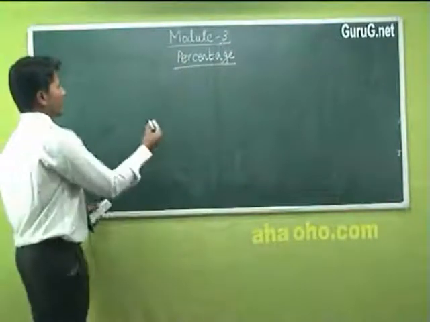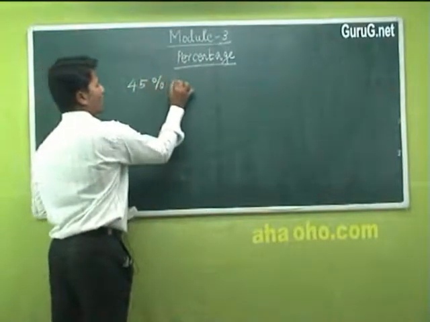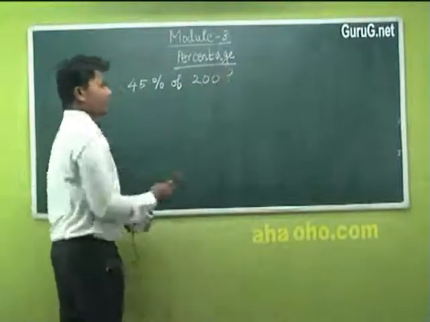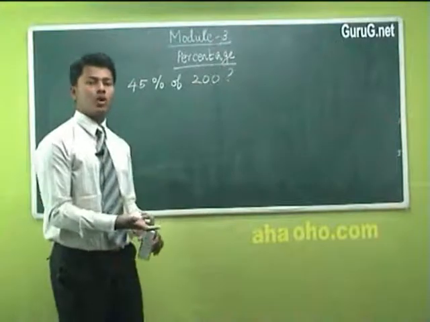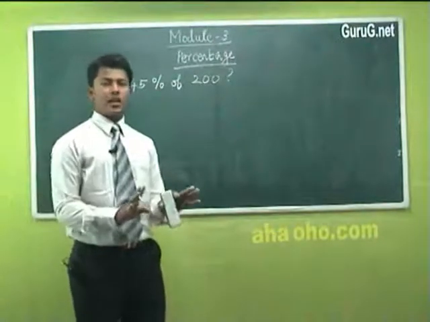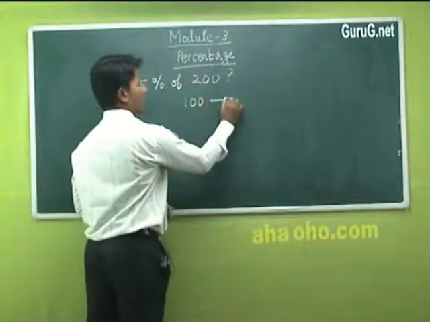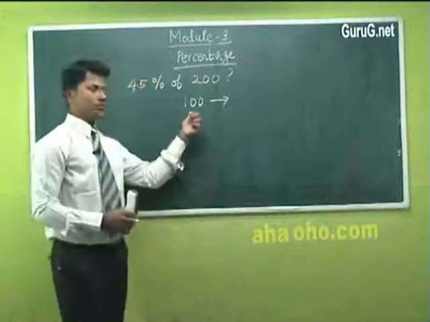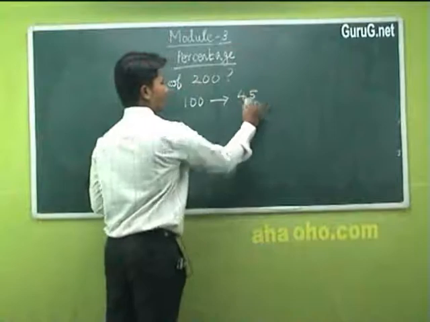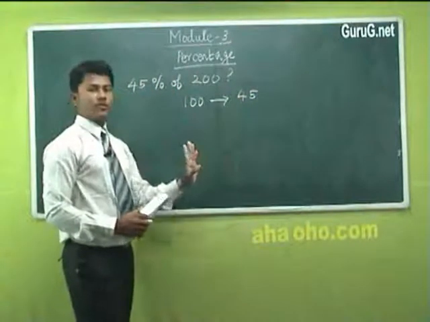Fine. Now say you are asked to find 45% of 200. You need not go for multiplication or anything. Just consider the number 100. What is 45% of 100? Simple. It is 45.